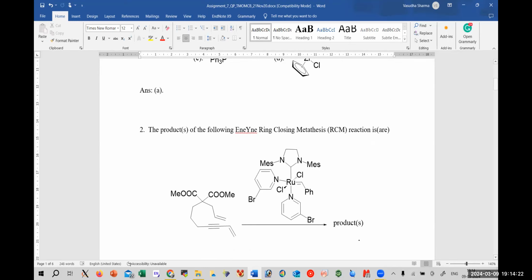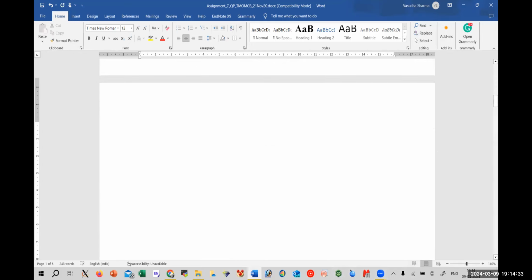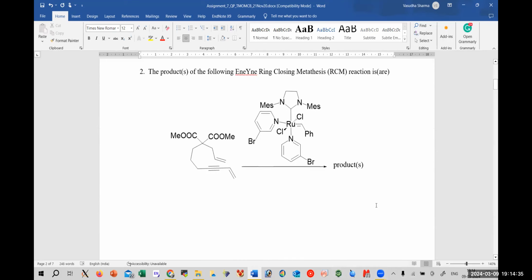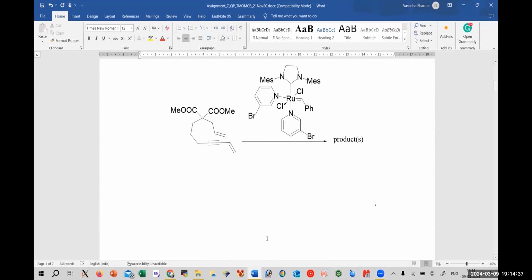Now the product of the following ene-ine ring closing metathesis is. Now here we have to see this particular thing. So we can see the mechanism here. So we have here this double bond and this triple bond and this double bond over here.